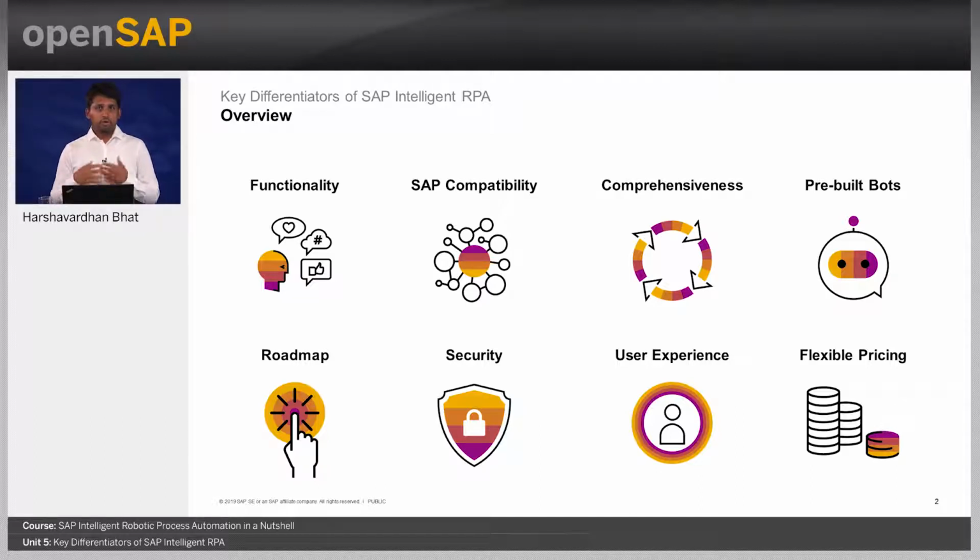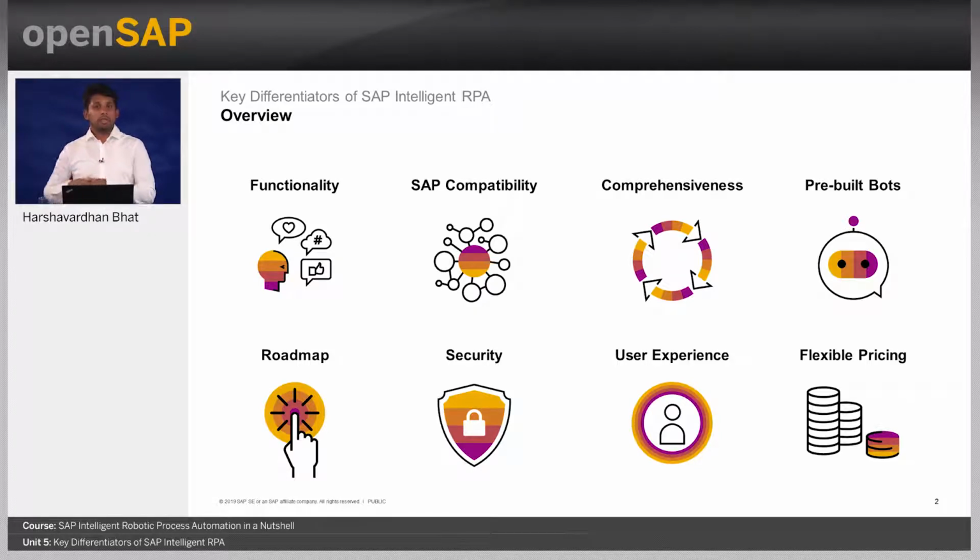So when we look at the key differentiators, we need to look at functionality, how functionally rich our solution is, SAP compatibility, because most of the automation, most of the business processes walk through SAP systems at some stage. So how robust our solution is while building automation scenarios using SAP. Comprehensiveness, like how it lets you build and orchestrate bots.